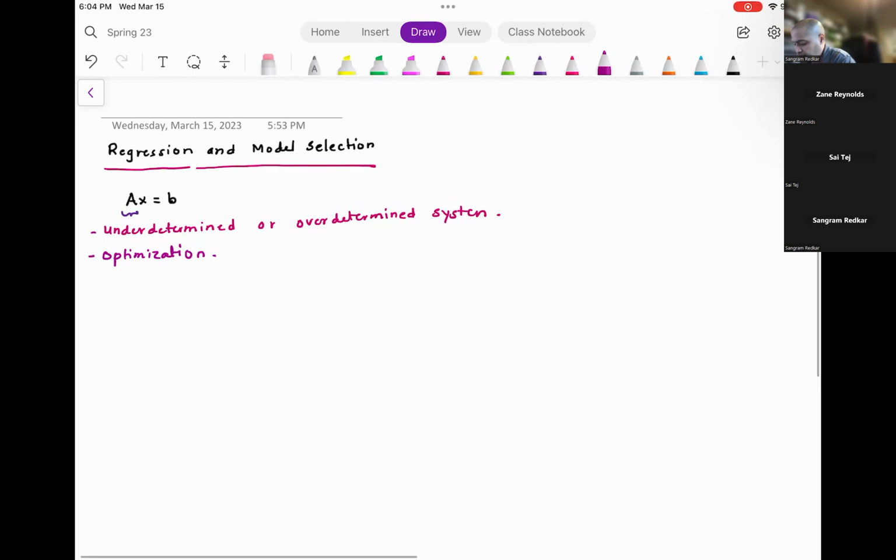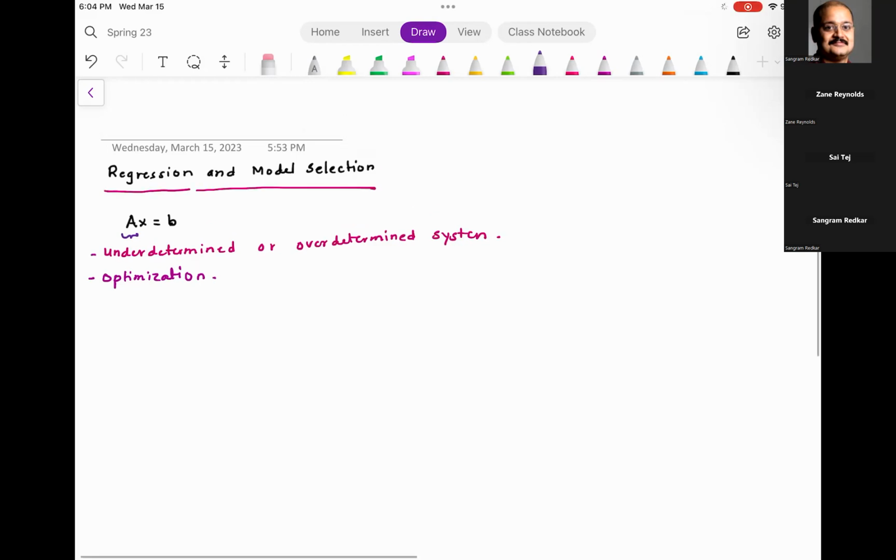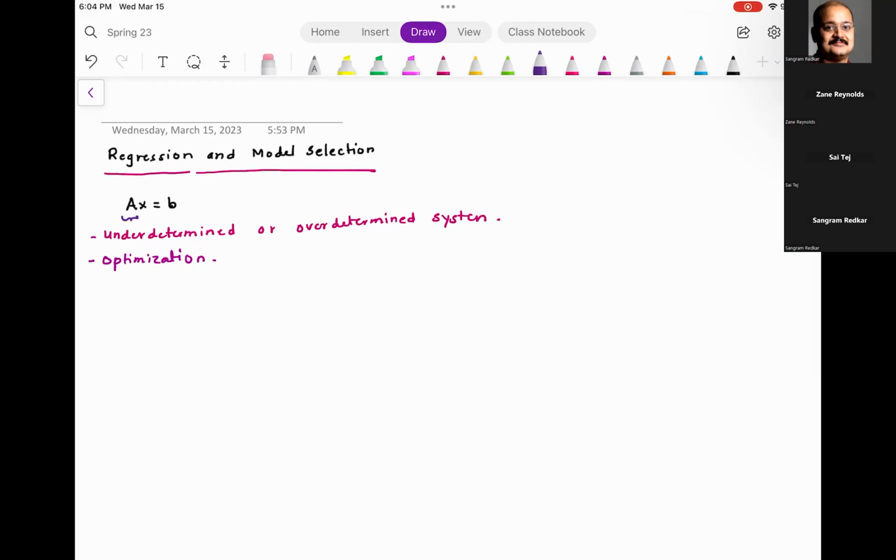Typically, the optimization problem we studied in the first calculus course is something like: take the first derivative and equate it to 0. But in terms of adding a constraint, we define it as something like argmin. This is the minimum value.